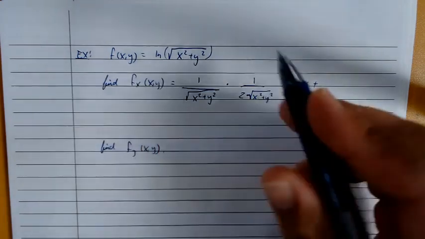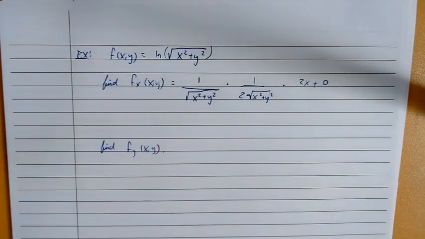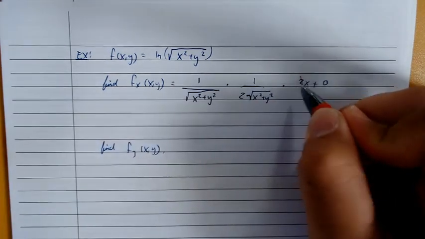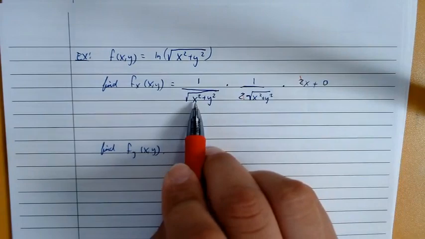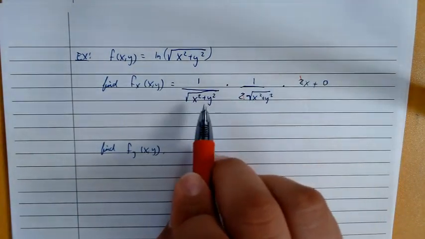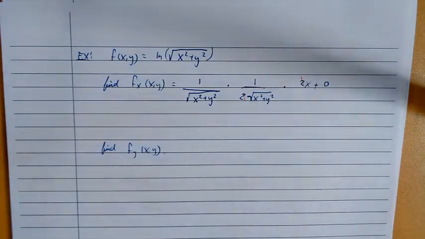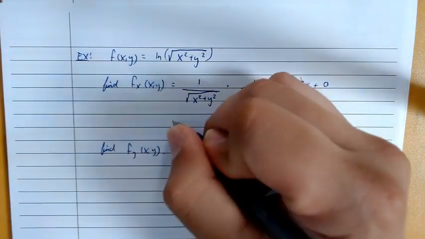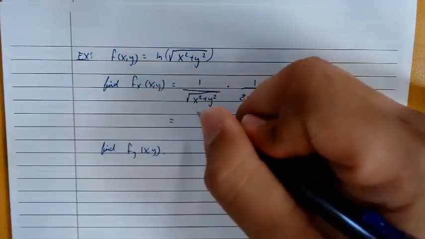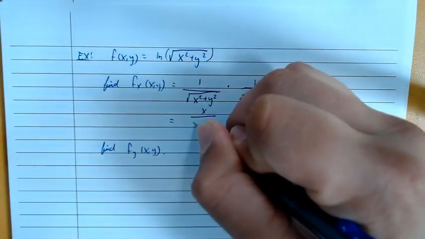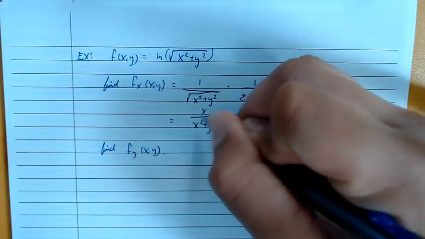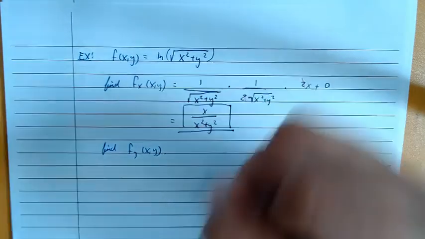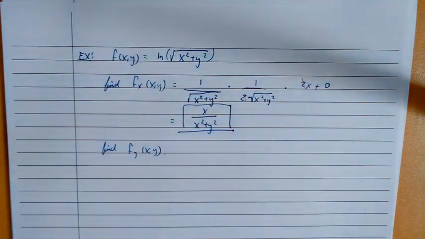So the derivative of a constant must be 0. And there we go. We can now simplify this. Notice these 2's divide away. The square root of something times itself, the square root goes away, right? So that's going to give us x in our numerator over x squared plus y squared. Just like that.